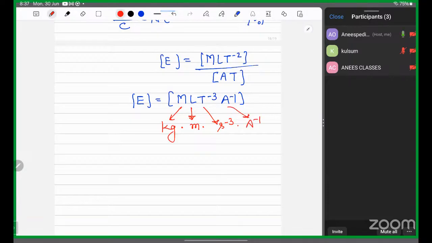So this is also a unit of electric field E: kg meter per second cube ampere. Are you getting it or any doubt?